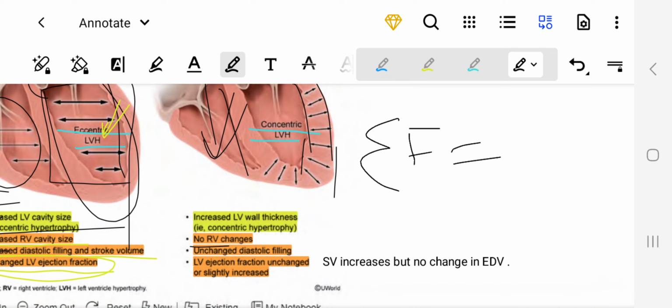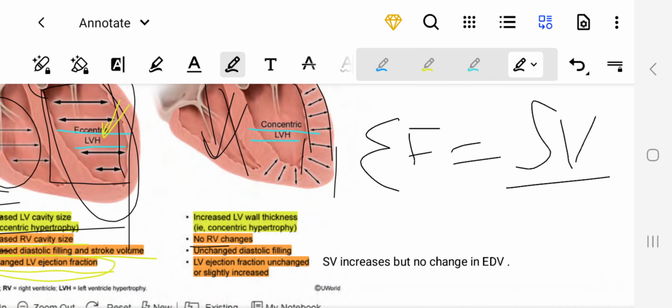Over here, the stroke volume is increased because of the contraction, since the heart walls are thickened, that will be more strengthened, right? So that will produce more stroke volume, right?